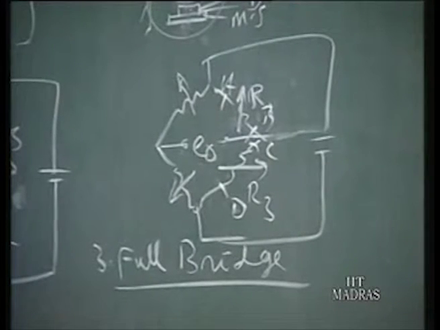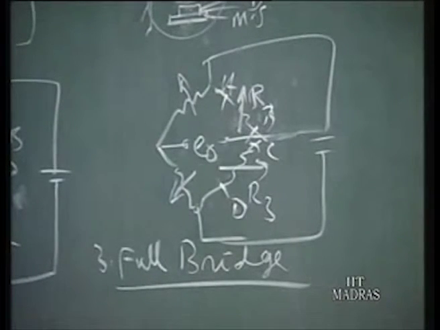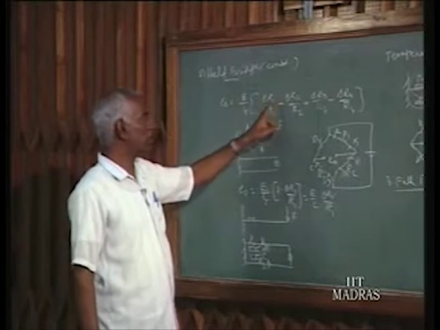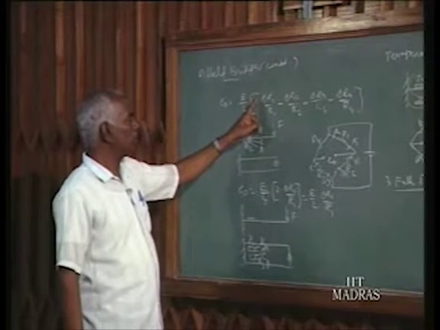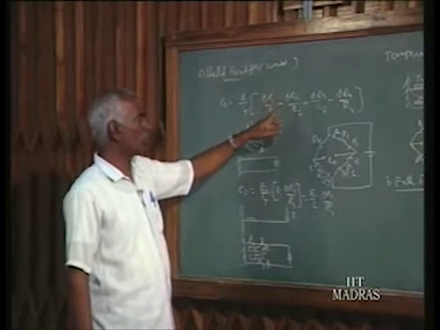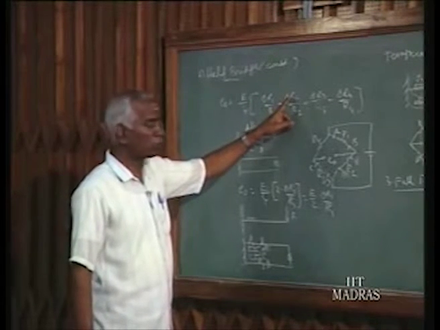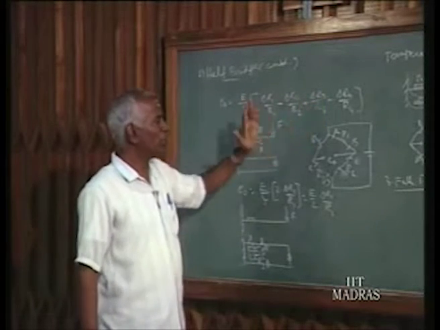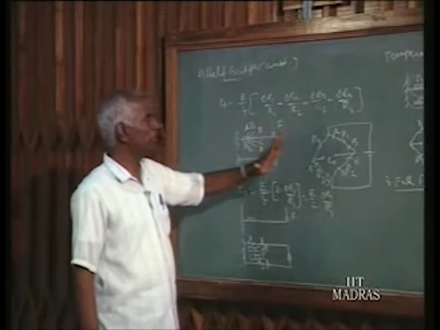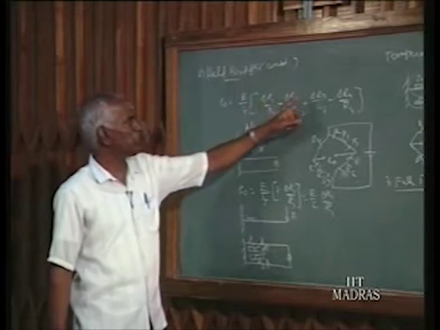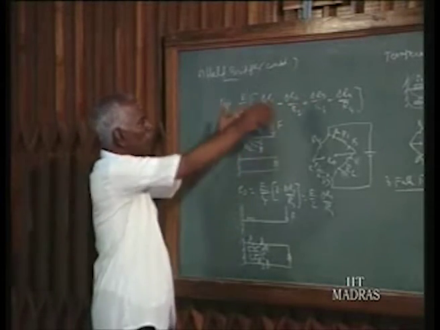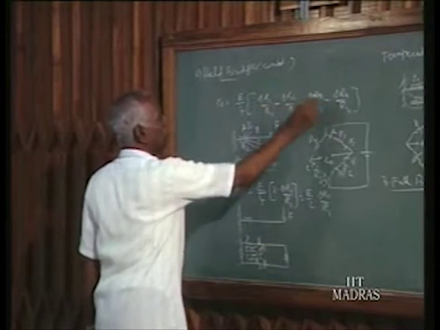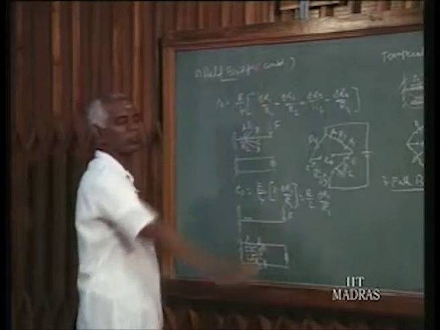Now we assumed for the derivation of this equation, all the four arms are increased by delta R. Mind, R1 increased to R1 plus delta R1, R2 increased to R2 plus delta R2, and so on. So when all four arms are positively increased, and each one is equal in magnitude, then you will find 2 times it gets added up, 2 times subtracted, then the net effect will be 0.